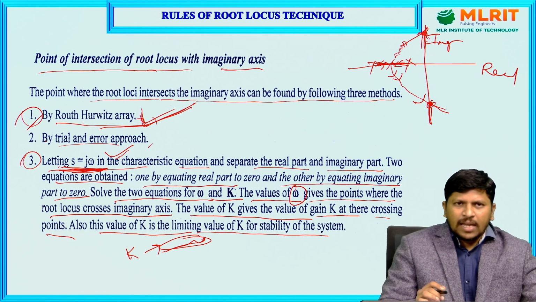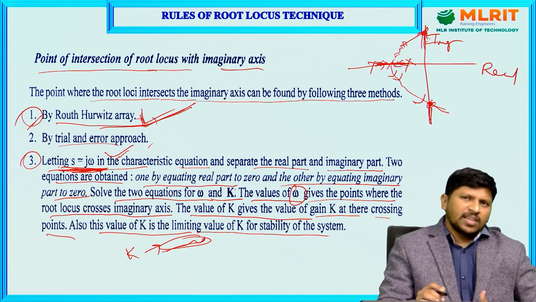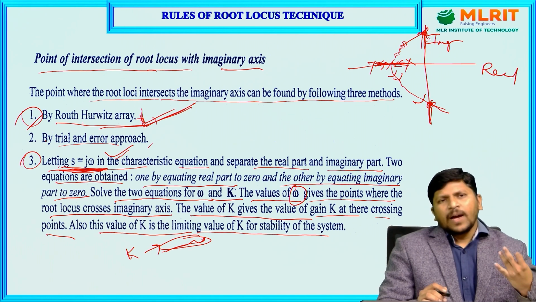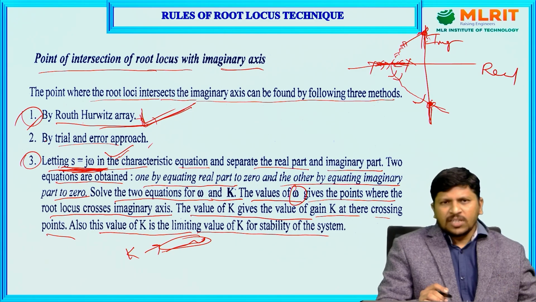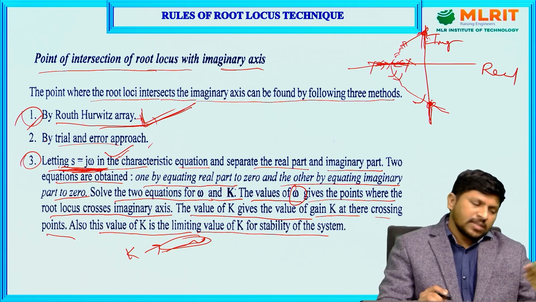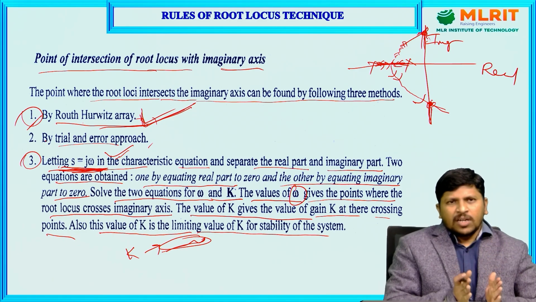Next, how to find the intersection point on the imaginary axis, the root locus intersection point. Just use the Routh-Hurwitz array matrix, or substitute S equals j omega in the characteristic equation. Consider the characteristic equation, arrange the array matrix and observe the first column elements.